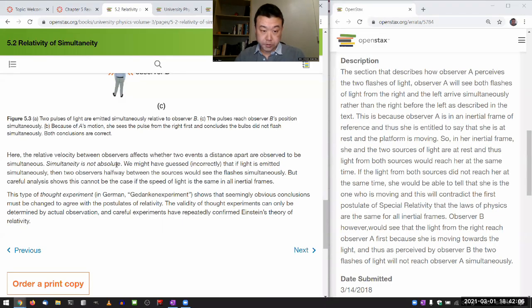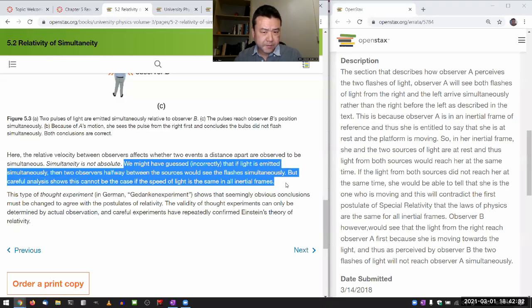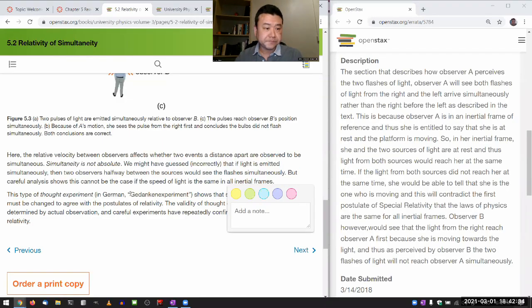Simultaneity is not absolute. We might have guessed incorrectly that if light is emitted simultaneously, then two observers halfway between the sources would see the flash simultaneously. But careful analysis shows that this cannot be the case if the speed of light is the same in all inertial frames. And we might analyze this in more depth in a bit after we go over this.